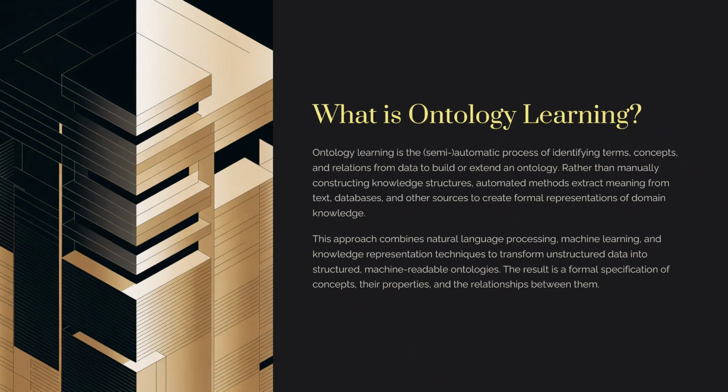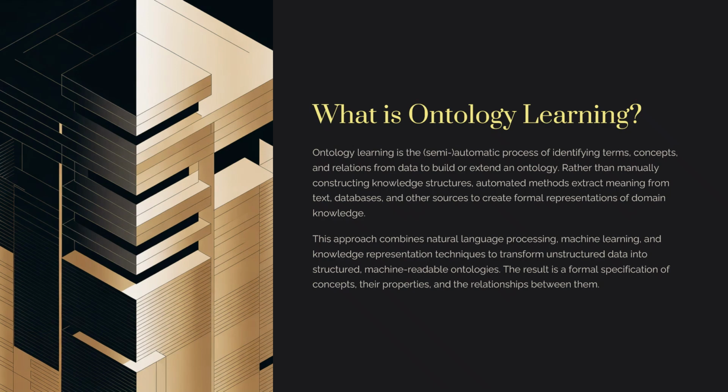For example, let us take a large collection of medical research papers, and an ontology learning system could automatically identify important concepts such as the diseases that have been noted, treatments, symptoms, and medical procedures that are indicated for the respective diseases. These concepts can then be organized into a structured knowledge model.